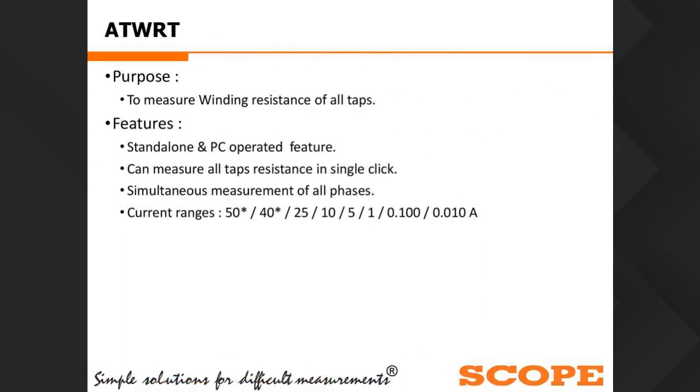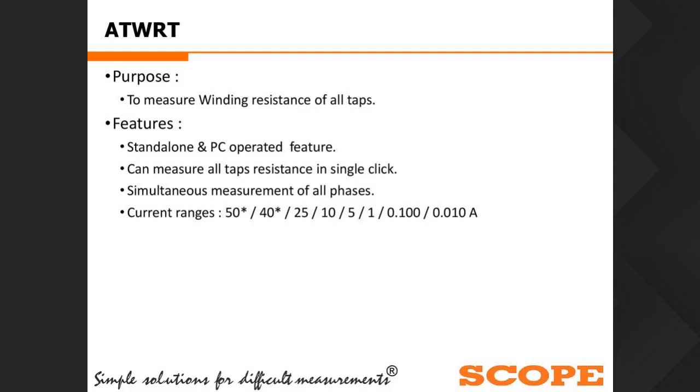If you select ATWRT, that is the all tap winding resistance test, the purpose is to measure the winding resistance of all the taps. In a single click, in a one-time connection, we can measure winding resistance of all phases of all taps.